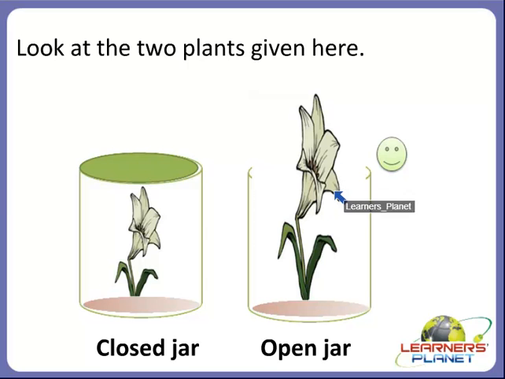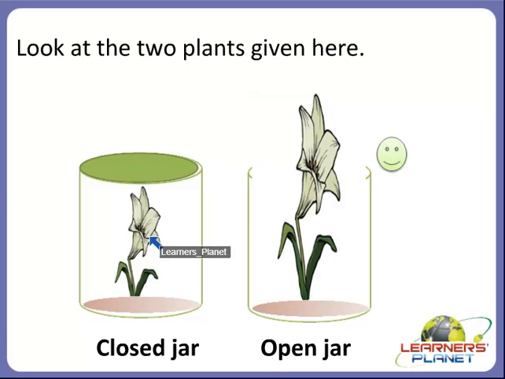So children, plants are living things that need air to breathe, and then only they can grow. But if the plant is kept in a closed jar, it cannot get fresh air to breathe.